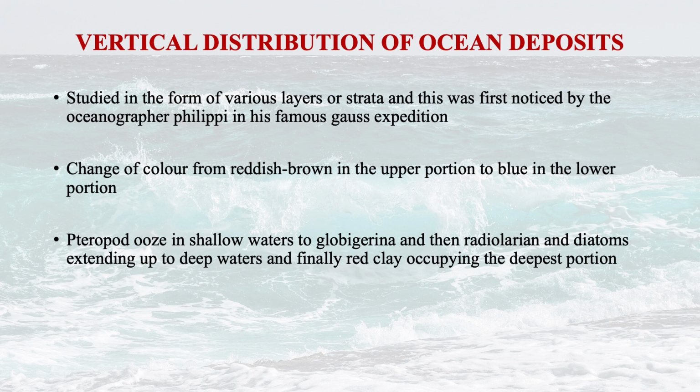And then radiolarian and diatoms are siliceous, so they are not easily dissolved, so they are found at greater depths in the oceans. And finally, red clay occupying the deepest portion. So a kind of gradation like pteropod, Globigerina, then radiolarian, diatoms, and the red clay occupying the deepest portions.